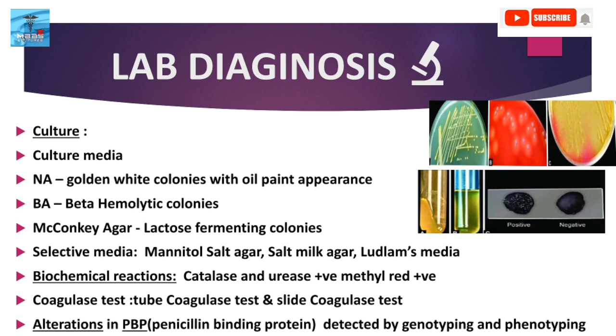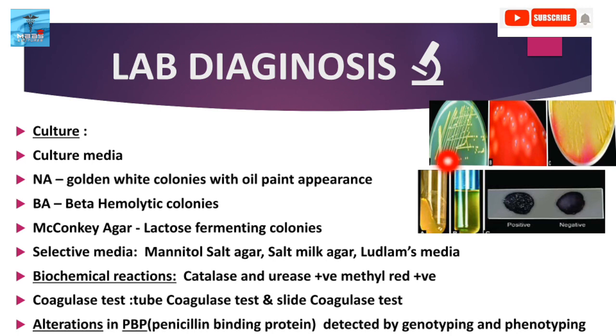Then biochemical reactions. Staph aureus is catalase and urease positive. Methyl red is also positive. Then coagulase test. It is the most commonly used biochemical reaction for identification of Staph aureus. There are two types of coagulase test, tube coagulase test and slide coagulase test. The tube coagulase test is mediated by coagulase and the slide coagulase test is mediated by clumping factor or bound coagulase.